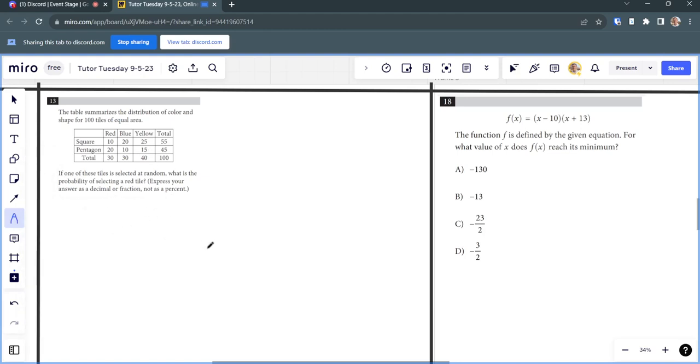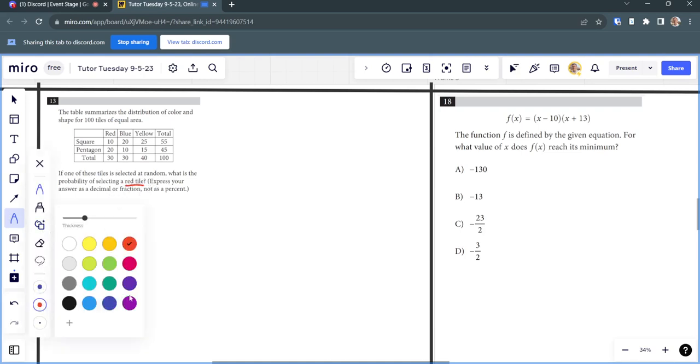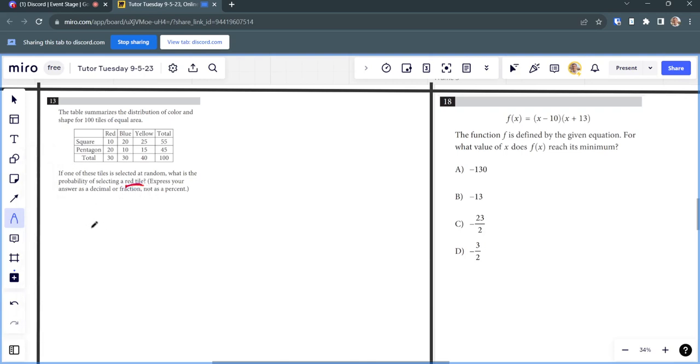I'm going to go ahead and say one of these tiles selected at random, the probability of selecting a red tile, that's going to be the number of red tiles over the total amount of tiles, 30 over 100.